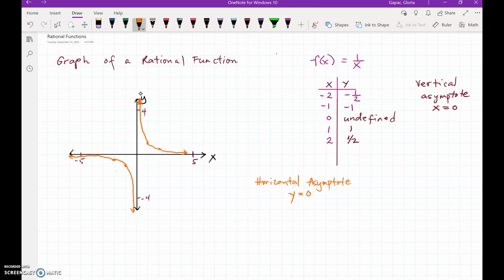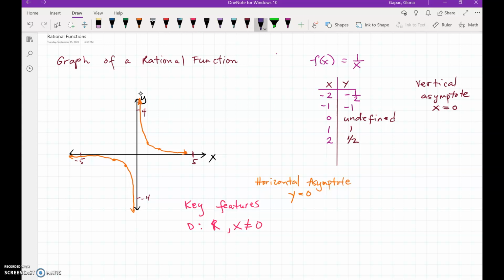So when we talk about key features here, let's start with the domain, and that would be, that is correct, all real numbers except x is 0.